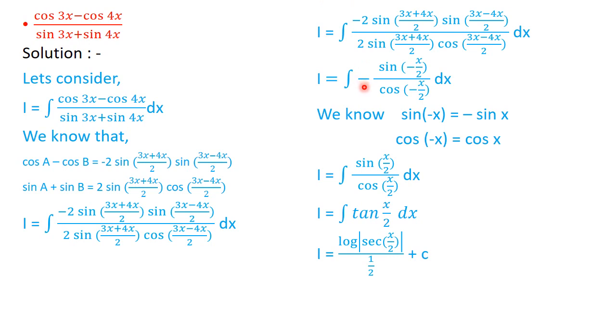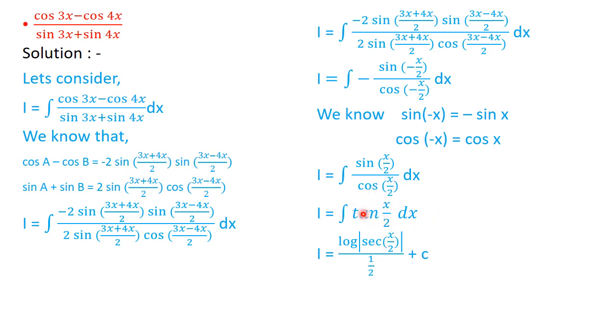Okay, but sine minus theta is equal to minus sine theta, and cos minus theta is equal to cos theta. Using these results, the minus sign gets absorbed, and it becomes plus sine x by 2 upon cos x by 2, that is tan x by 2 dx.